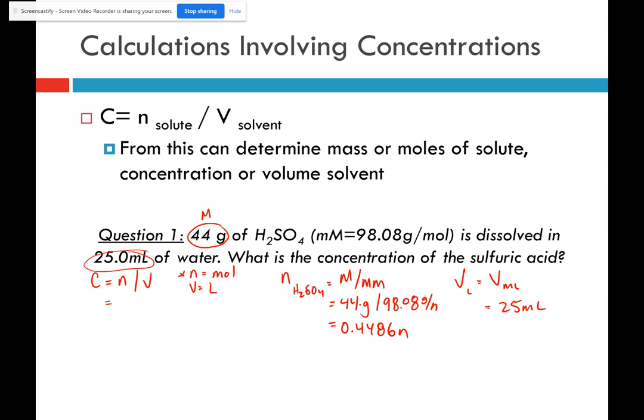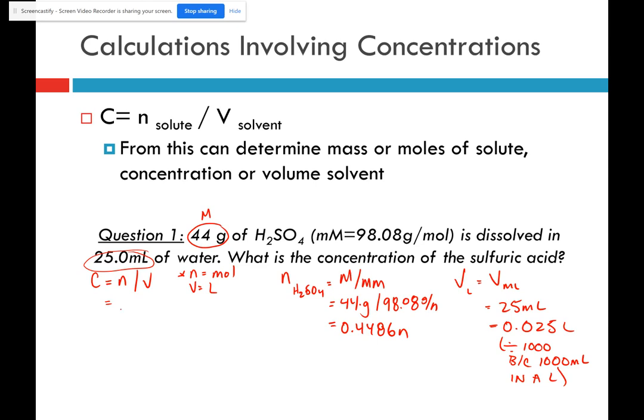Again, knowing that there's 1,000 milliliters in a liter, that is going to be 0.025 liters. Okay, remember we have to divide by 1,000 because there's 1,000 milliliters in a liter. So I just took 25 and divided it by 1,000 to turn it into liters.